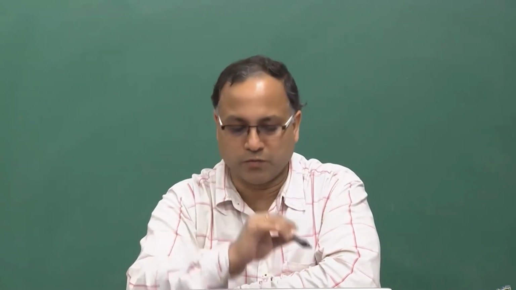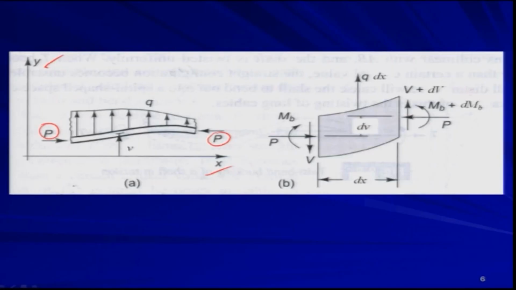Now this is the force which is acting on this member, and this member is carrying some distributed load Q over the whole length, and this V is your departure, that means the displacement along the y direction. This is the V.